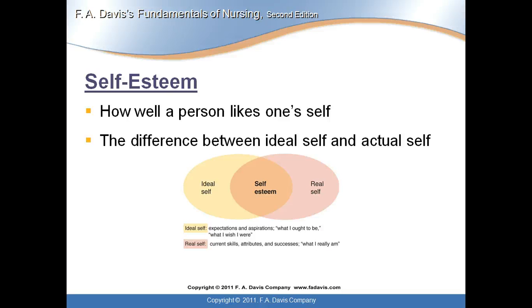I would ideally like to be the best lecture instructor in the world, but actually, because I'm just starting out and this is my first semester teaching, I know my limitations, and hopefully as I gain more experience, I'll be better at it. So there is a difference between ideal and actual, and again, the self-esteem part is you liking yourself and what your perception is.